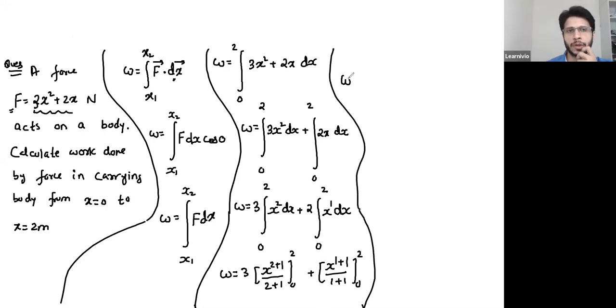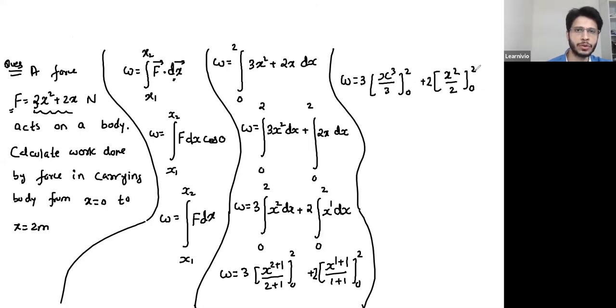So the expression of work done is 3 times x cubed over 3, limit 0 to 2, plus 2 times x squared over 2, limit 0 to 2. This 3 will cancel this 3, and this 2 will cancel this 2.